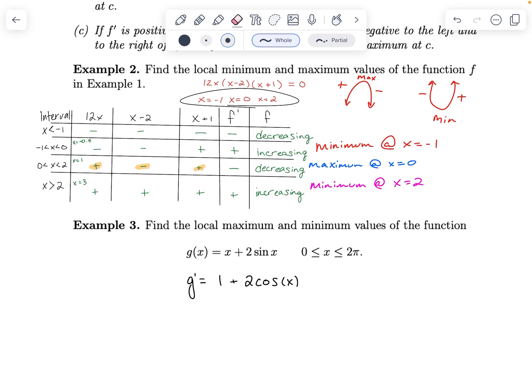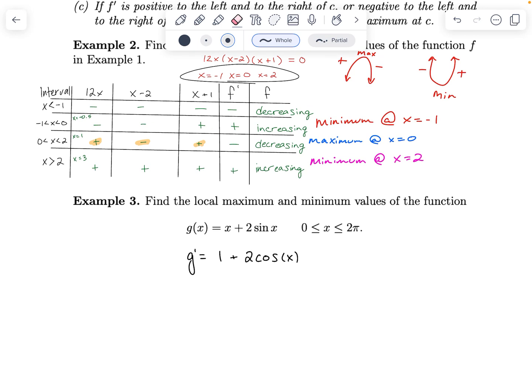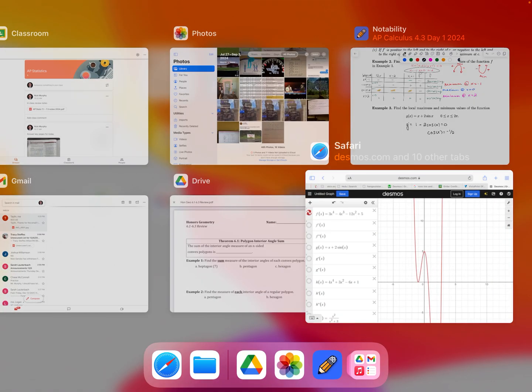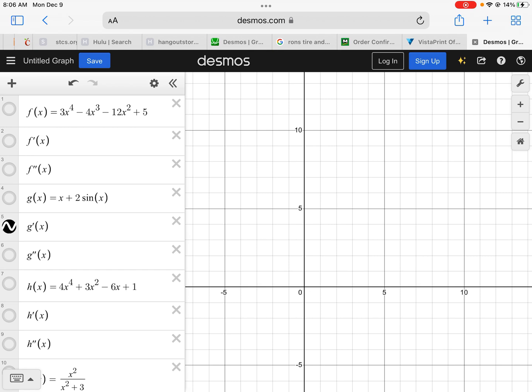Okay. So I want to find the local maximums and local minimums. I want to know, when is this equal to 0? Well, that's also the same as saying, when is cosine x equal to -1/2? And I can solve that by doing my cosine inverse, or I can look at the graph here.